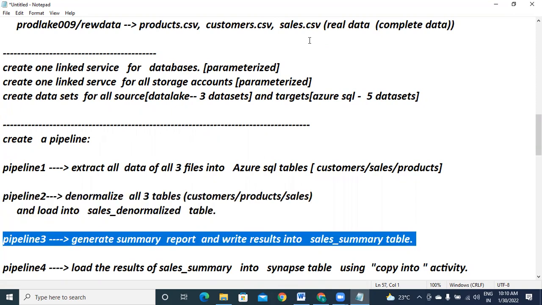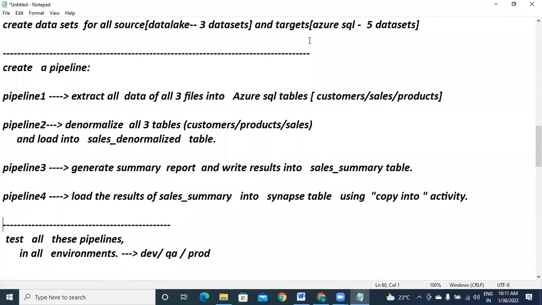And to achieve the generate summary report, use the aggregate transformation in the data flow. Apply it on the results of pipeline 2, that means the sales_denormalized table, and you will get that. And in pipeline 4, the copy into activity.